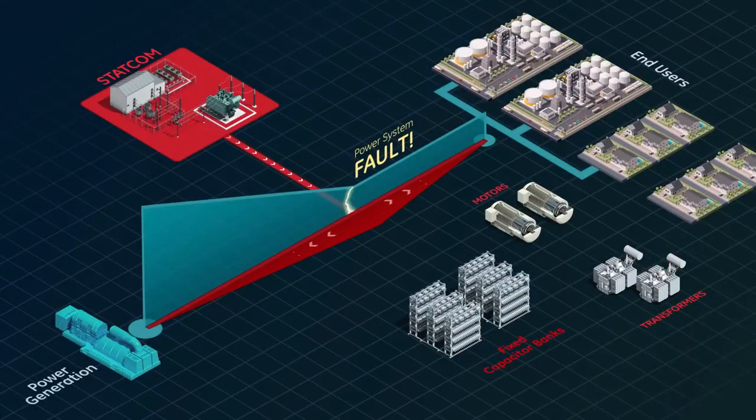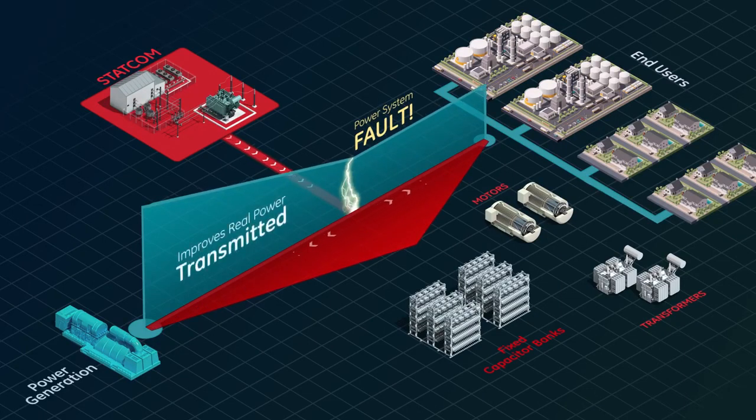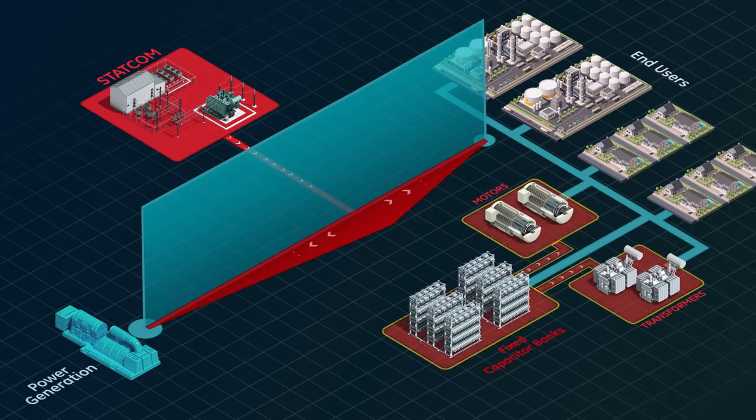When a disturbance occurs, such as a power system fault, the Statcom reacts rapidly by increasing output. This improves the real power transmitted to the consumer, thus minimizing the effects of the fault. Once the fault is cleared, load reactive devices simultaneously come back online and cause significant voltage sag.